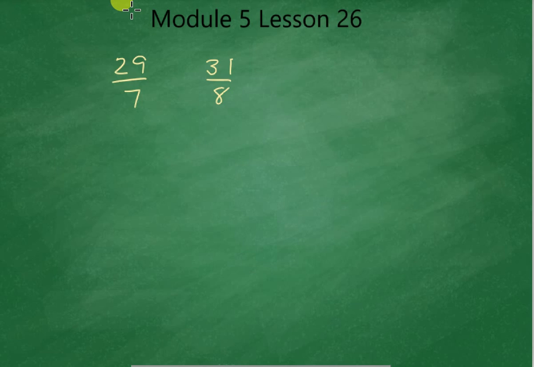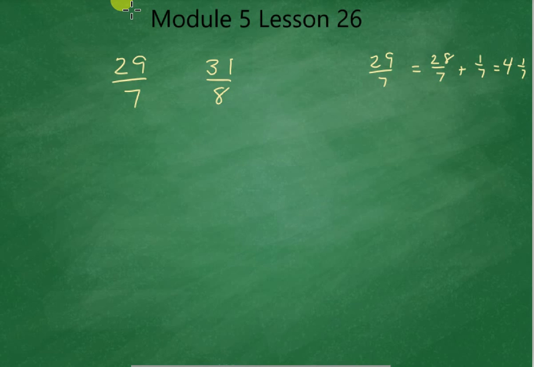We've got 29 sevenths, so that's going to equal, well, 7 times 4 is 28, so we can have 28 sevenths plus 1/7. So that would be equal to 4 and 1/7.